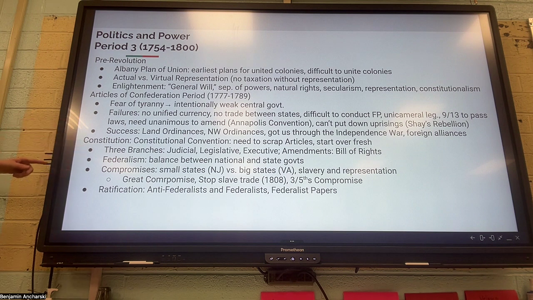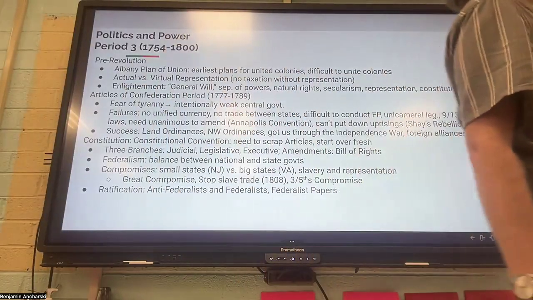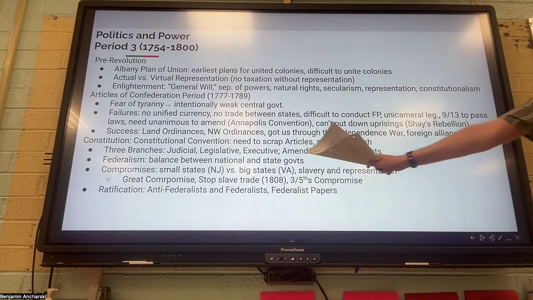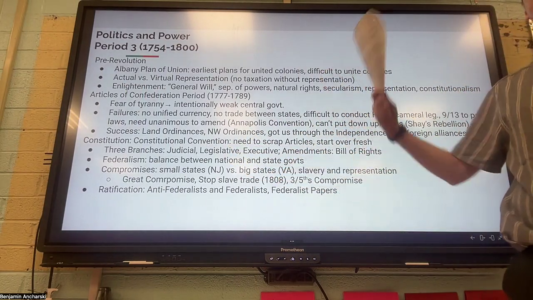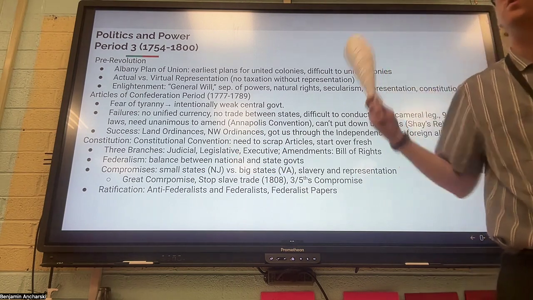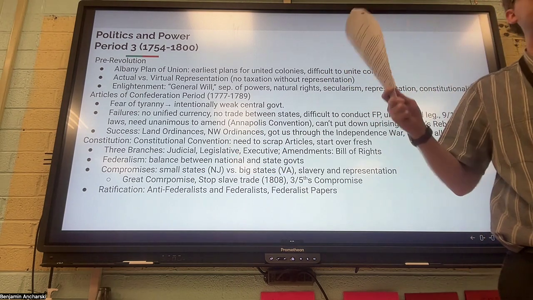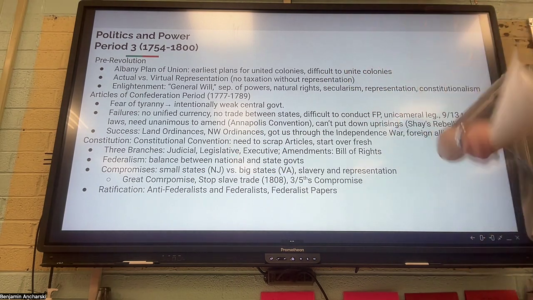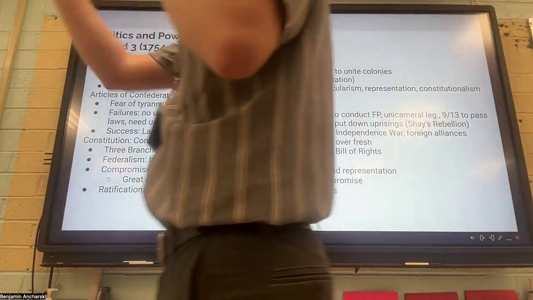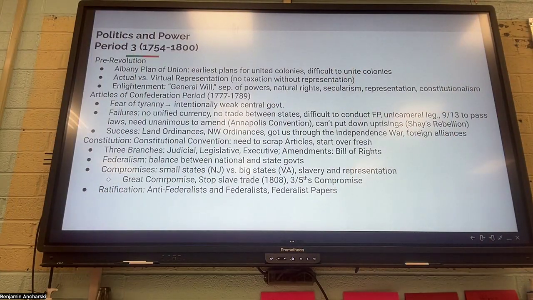But another big thing about the Constitution is the issue of compromises. Now, big states, states with a lot of population like Virginia, what type of government did they want? What was their ideal system of government? Who remembers kind of the big states plan for the Constitution? Yes. Representation based on population. That would overly favor places like Virginia and New York, for example.